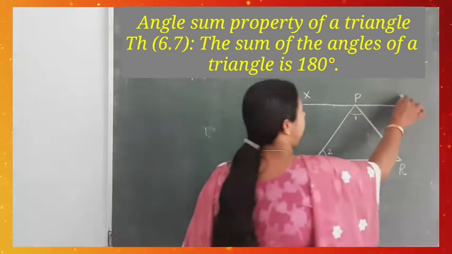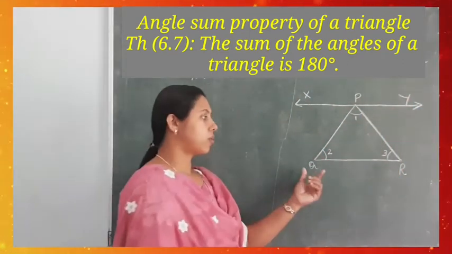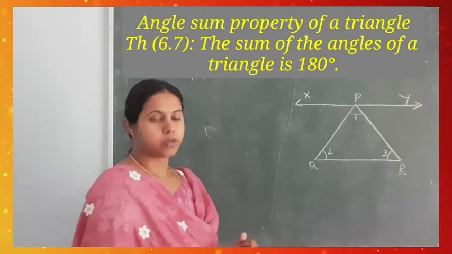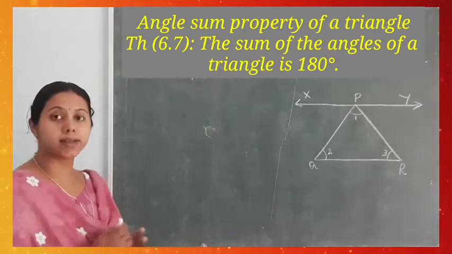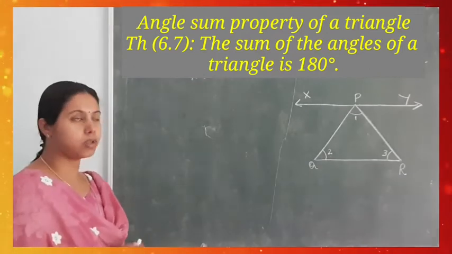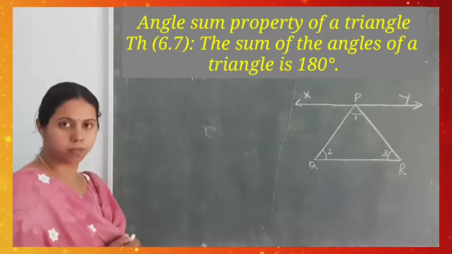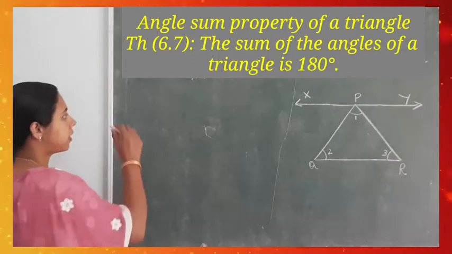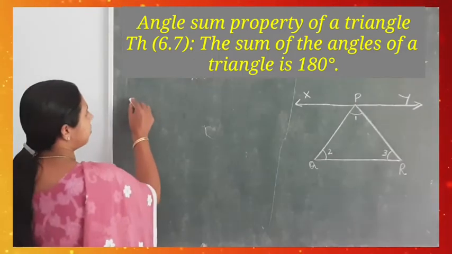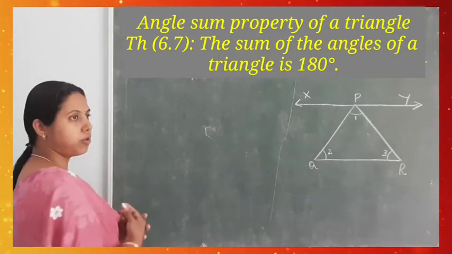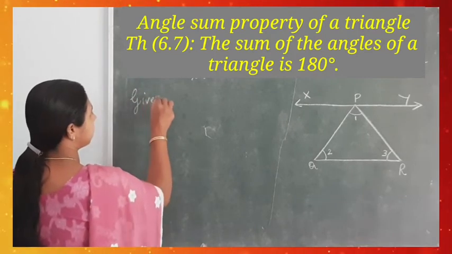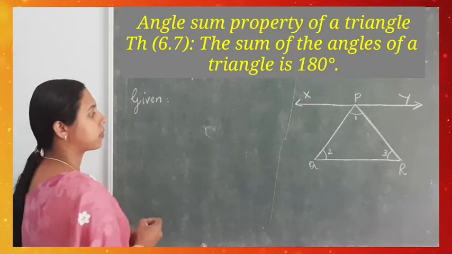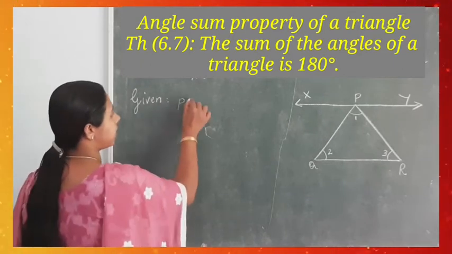XY parallel to QR. So first of all, to prove this statement, you have to construct a parallel line through the opposite vertex P. So we can write here what is given and what you have to prove. The given thing is PQR is a triangle.